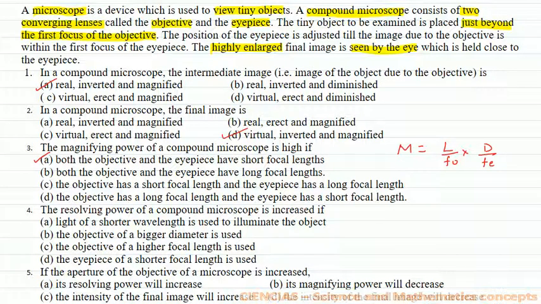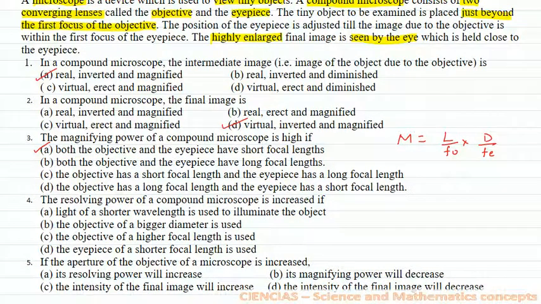Now question number 4. In question number 4, the resolving power of a compound microscope is increased if: option A, light of shorter wavelength is used to illuminate the object. Option B, the objective of bigger diameter is used. Option C, the objective of higher focal length is used. Option D, the eyepiece of shorter focal length is used.